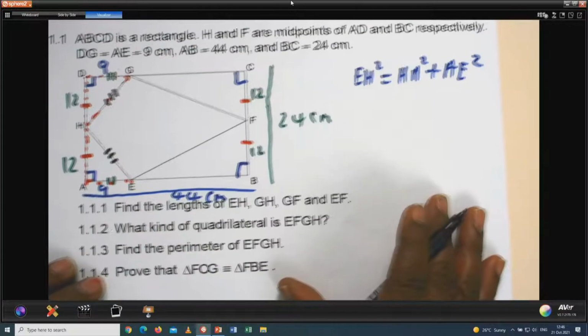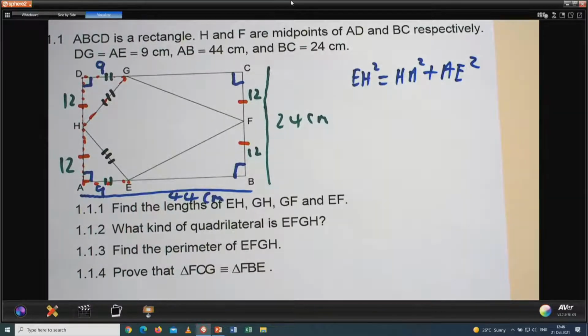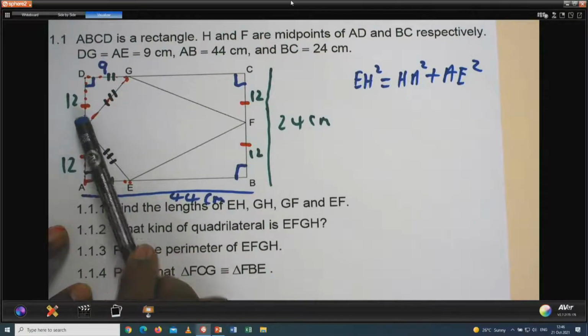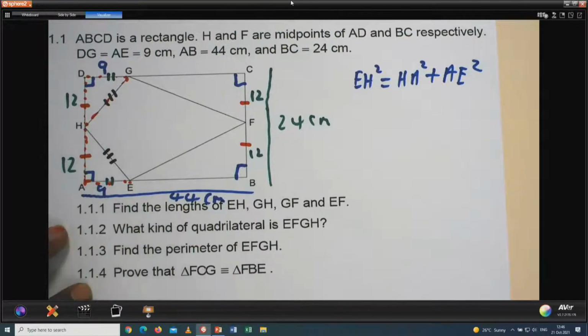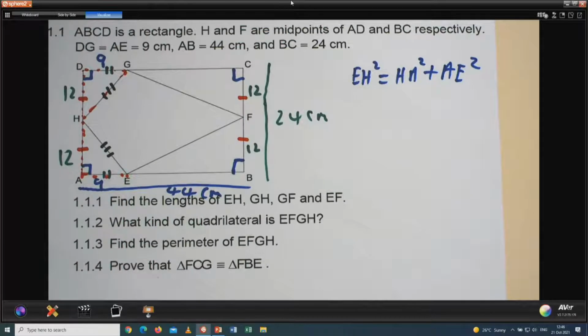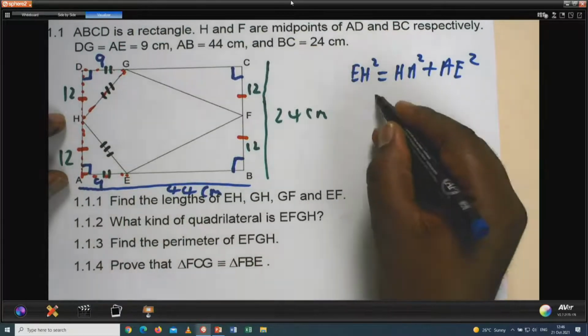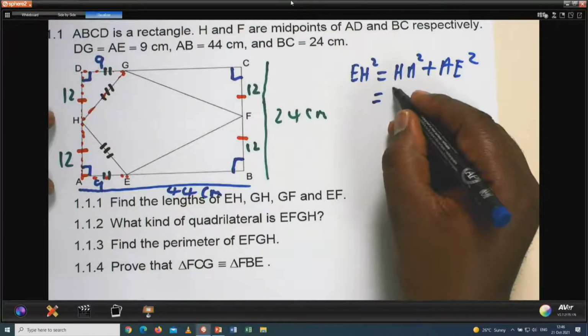You look at the relationship and explain the relationship. You see, this information is here. As long as you understand the language that the hypotenuse is the side opposite 90 degrees, and in a right angle triangle where there is a hypotenuse, I can do Pythagoras. Therefore, AH squared is your 12 squared.